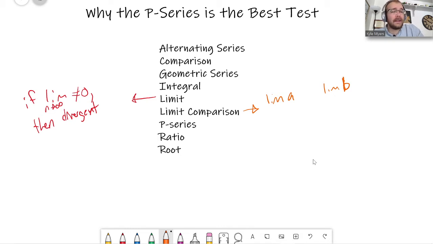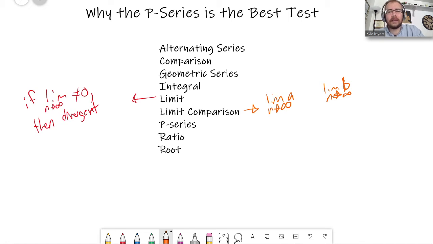In order to do that, you're kind of doing P-series anyways, and you test both of those out. Then if A and B are both convergent, then it converges, and if they're both divergent, then it diverges. I'm not as familiar with this one, as you can tell, because I think it's also really dumb. It's a lot of work for not a lot of clarity on whether it's really converging or not. So also not one of my favorites.